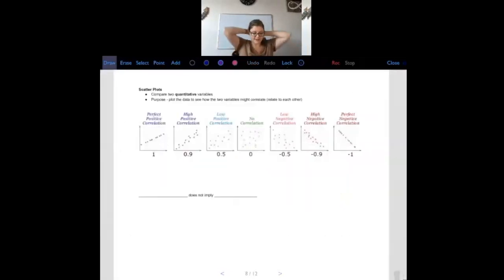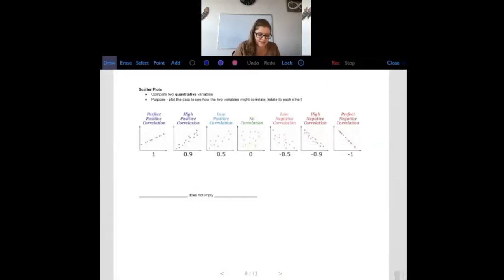Scatter plots. So scatter plots compare two quantitative variables, so categories of numbers, let's say. The purpose of a scatter plot is to see how two variables might correlate or relate to one another.